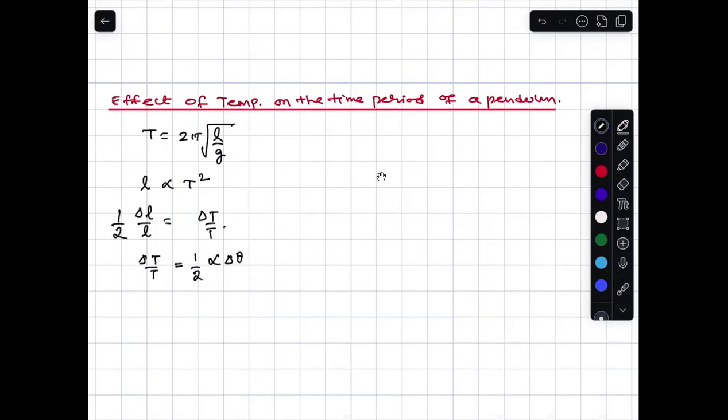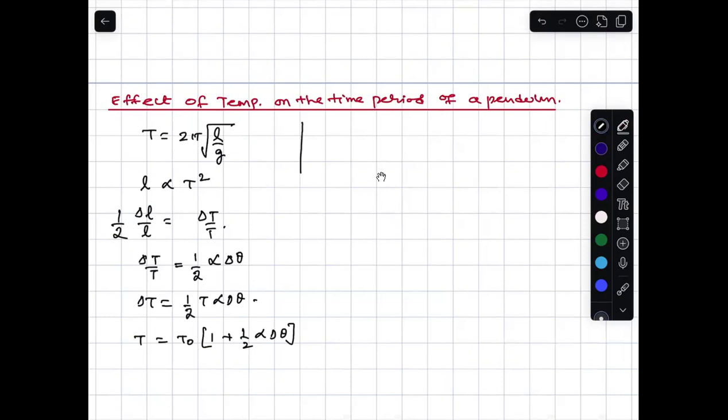So delta T is half T alpha delta theta. Otherwise, I can write simply T is T naught into 1 plus half alpha delta theta, which clearly implies the time period gets affected.